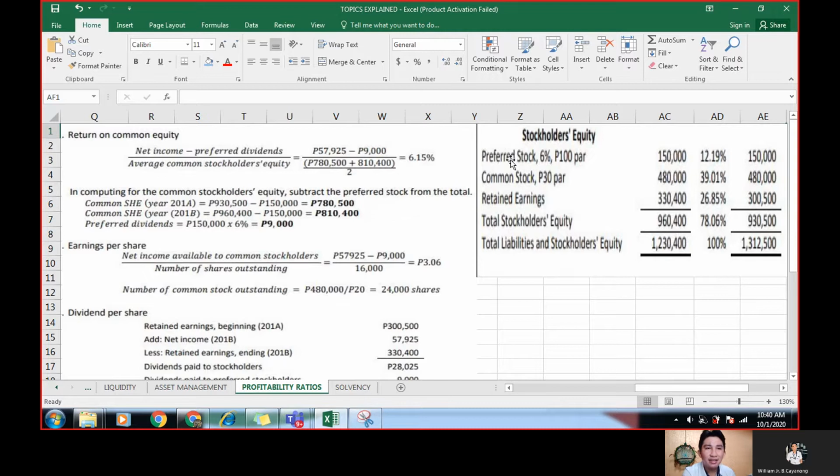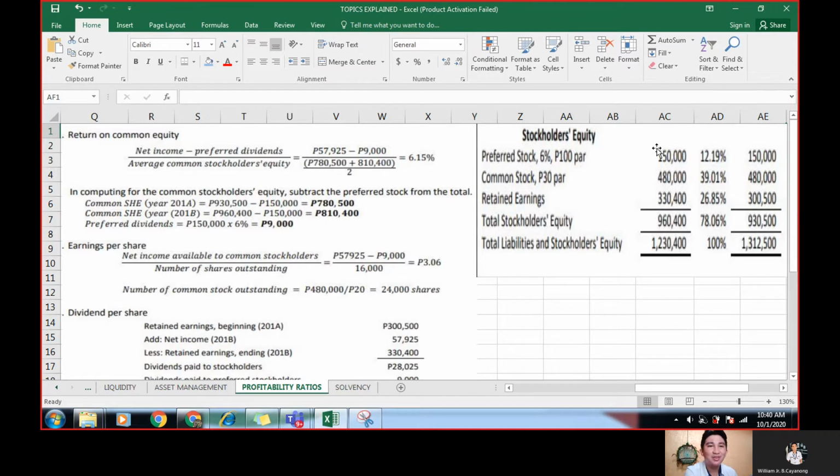Ito yung preferred dividends natin. So, sir, if you're going to look at this one, wala namang preferred dividends. So, kaya nga, we need to measure it muna. So, how do we get that? So, we have here preferred stock na 150,000. Out from this preferred stock, we have 6%. It means na out from your investment, 6% of that is your dividends.